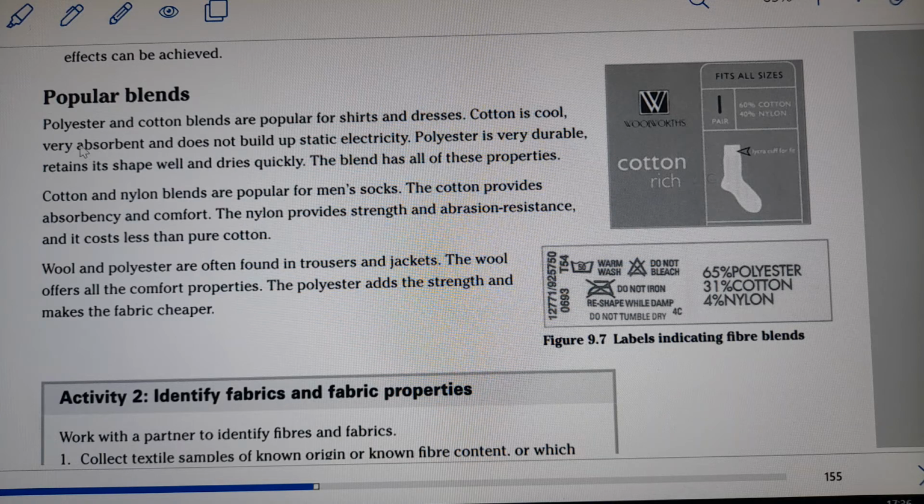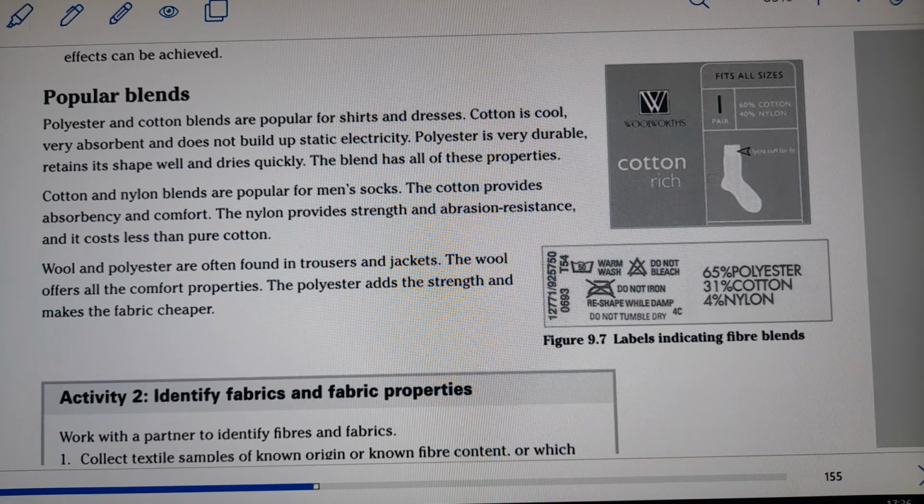Cotton is cool, very absorbent, and does not build up static electricity, while polyester is very durable and retains its shape well and dries quickly. Therefore, the blend has all of these properties. So the blend of polyester and cotton will have all the properties of cotton and of polyester. That makes it even better.